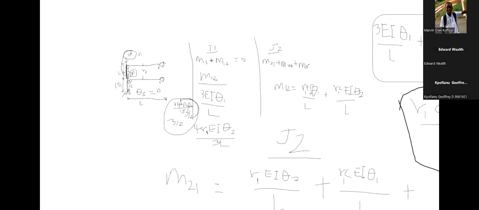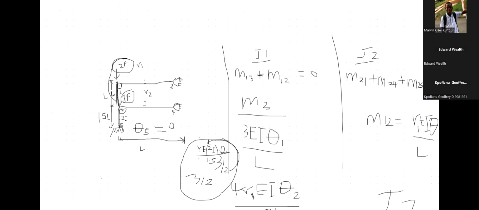But if we are saying P1, rho 1, then our P is what? Let's consider the first, 2P. Do you get it? Yes, sir. So you consider 2P. After that, you consider the 3P. The length for the 2P is what? L. And the length for the 3P is what? 1.5L.